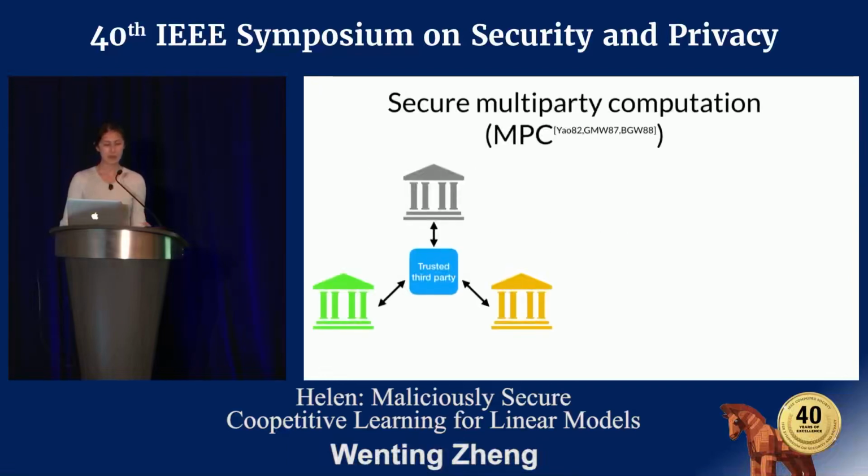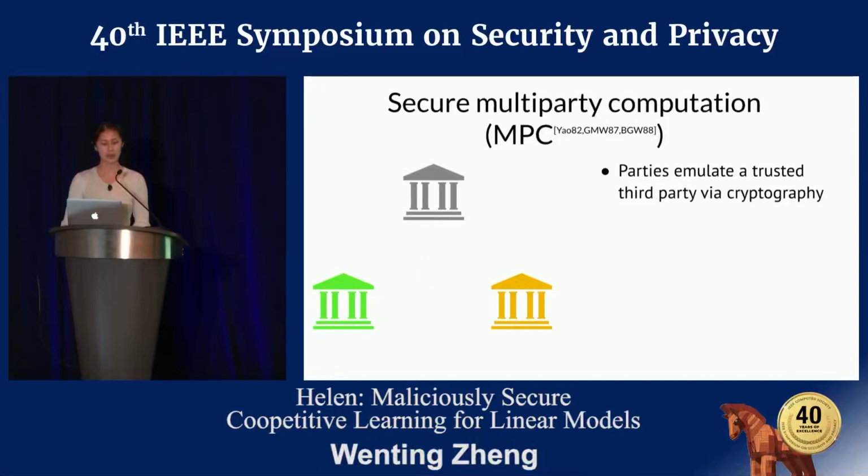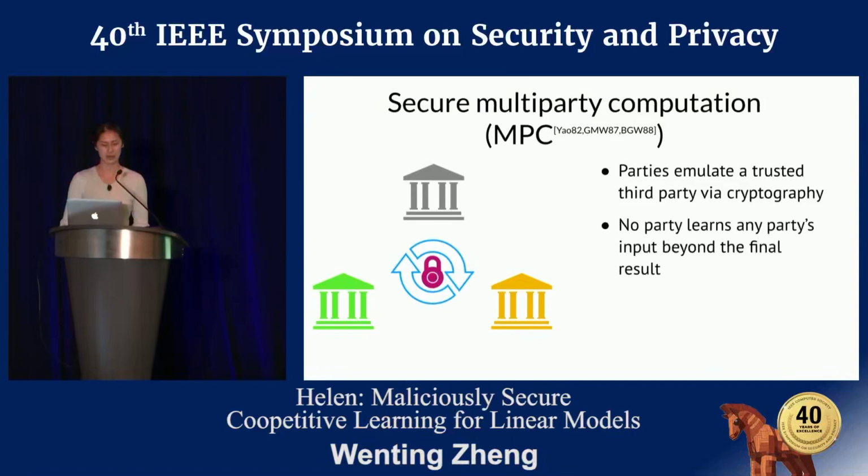This coopetitive setting corresponds exactly to a well-known research direction in cryptography called secure multi-party computation. The goal of secure multi-party computation, or MPC, is to have the parties emulate a trusted third party via cryptography, but without actually using the trusted third party. The nice guarantee that it provides is that no party should learn any other party's input beyond what is learned from the final result.